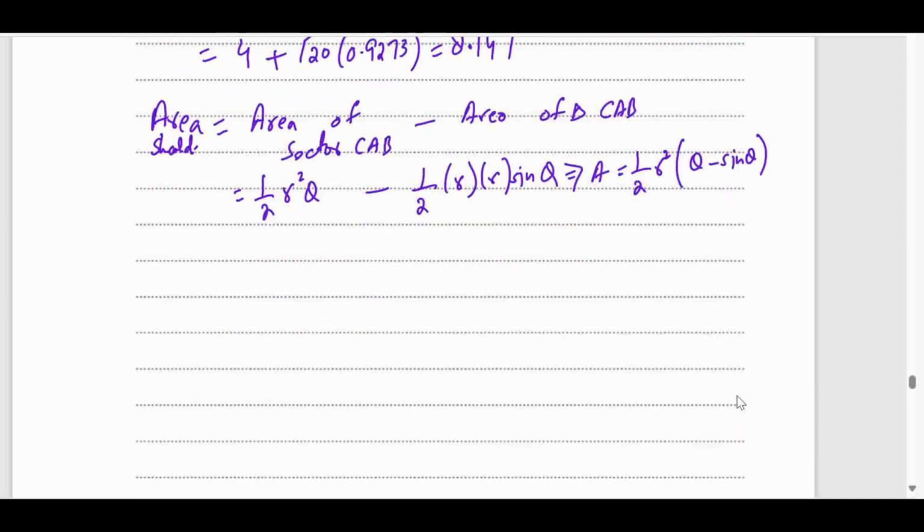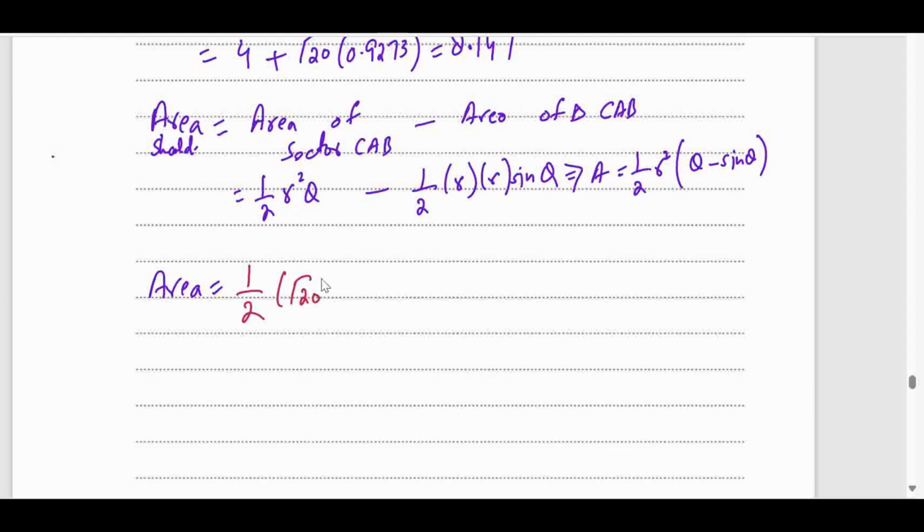Now just put the values over here: 1 by 2 square root of 20 square, theta is 0.927, minus sine of 0.9273.